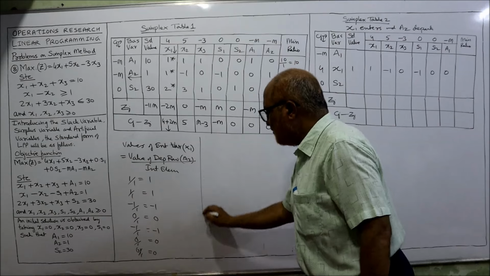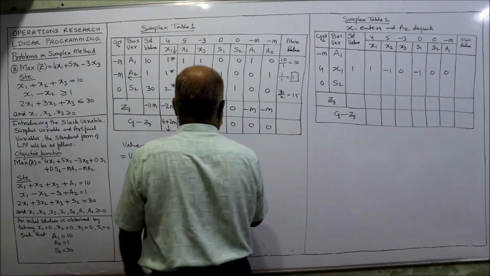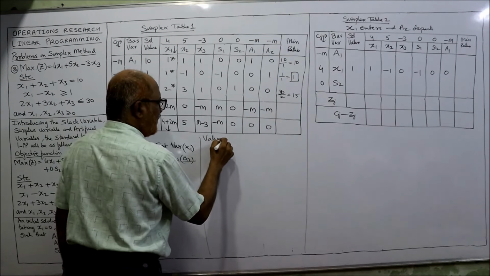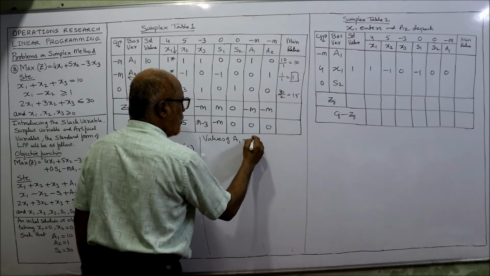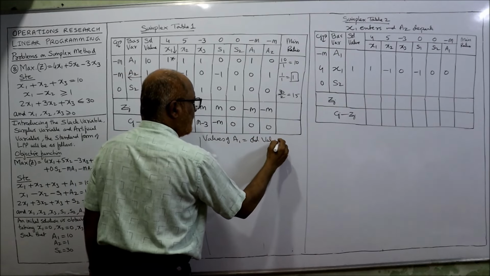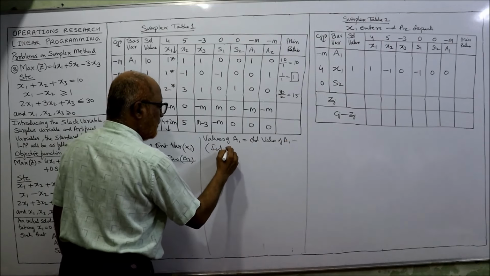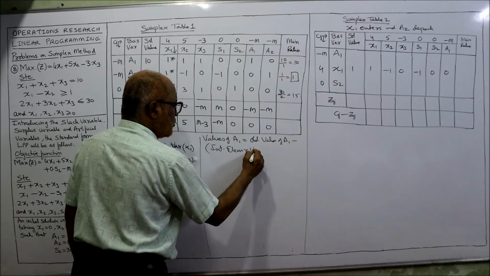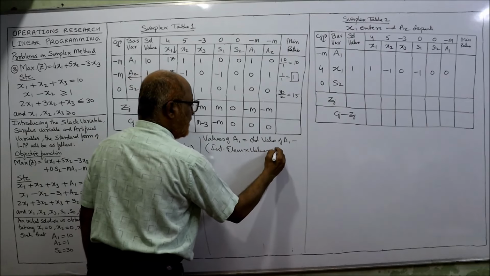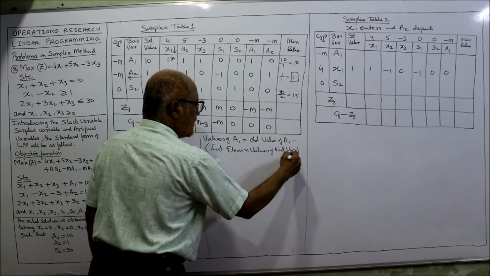Now we need the values of A1. Values of A1 is equal to old values of A1 minus intersectional element into values of entering variable.